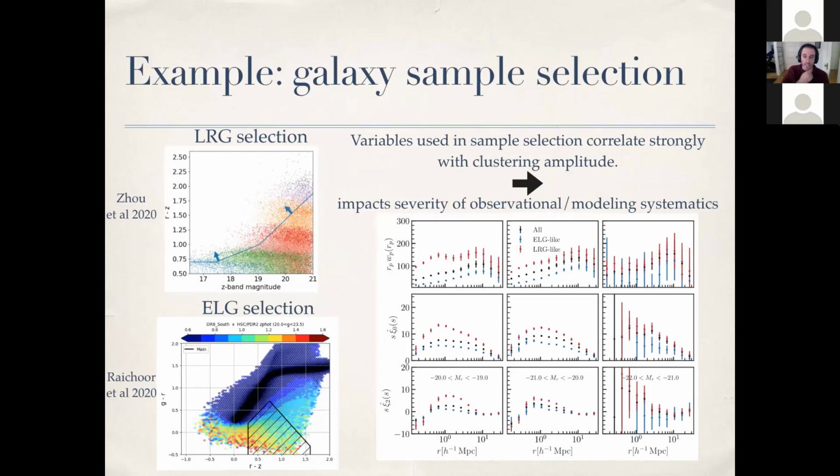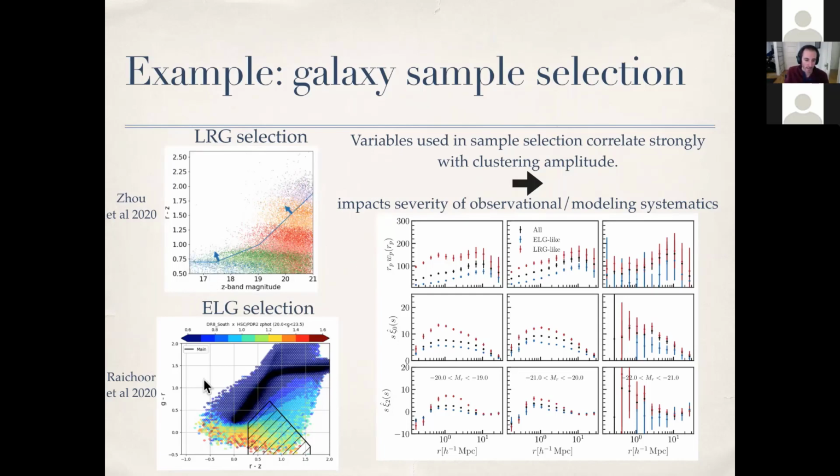Okay, just to give an example of what I mean. So we often select multiple galaxy samples in our analyses. So here's just 2 examples of galaxy samples you might want to select. This one is called a luminous red galaxy selection, where we're selecting galaxies in their color and magnitude. So everything above this line gets selected.